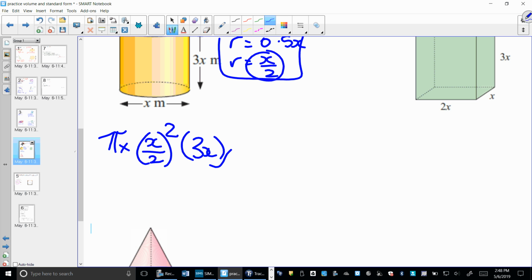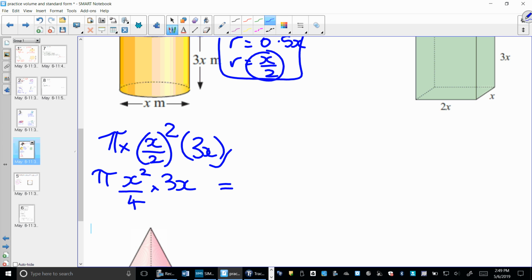So our pi stays as it is. x over 2 squared. Now, remember, this square affects both of these two here. So that now becomes x squared over 4, because x squared is x squared, and 2 squared is 4. And then we're multiplying that by 3x.